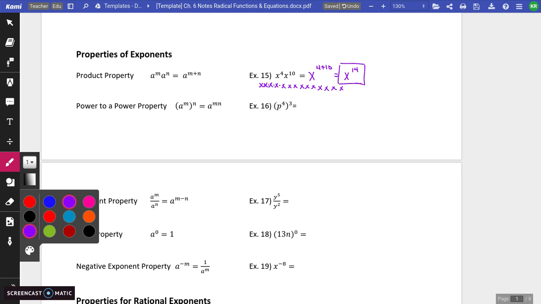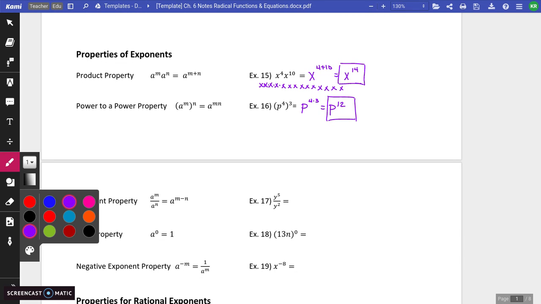Okay, your next exponent property is power to a power, and that would be something like a to the m to the n power. You can see here you multiply your exponents. Similarly with number 16, p to the 4th cubed, multiply those exponents, and that becomes p to the 12th.